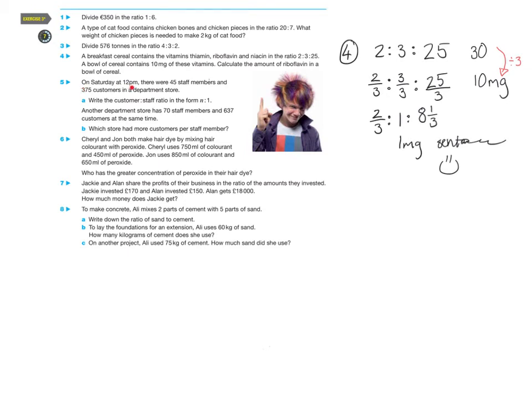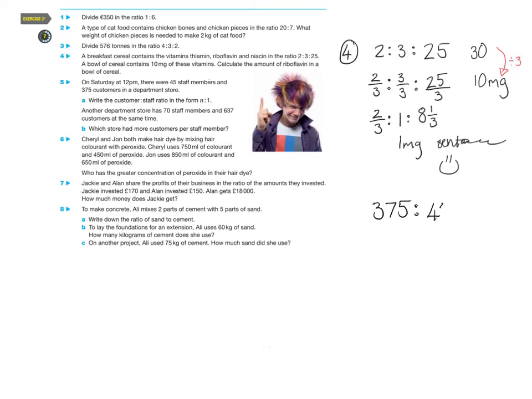On Saturday at 12 p.m., that's noon, there were 45 staff members and 375 customers in a department store. Write the customer to staff ratio in the form n is to 1. Okay, the question says 45 staff members to 375 customers.